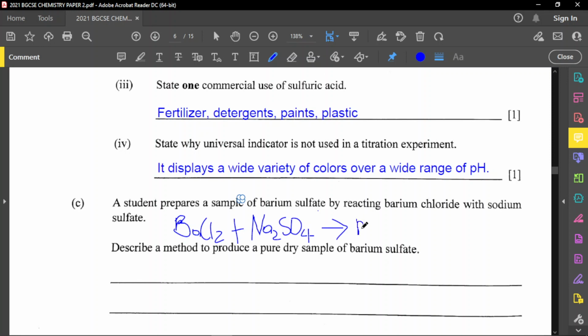So you're going to form barium sulfate. That's how you get the barium sulfate. And then you're going to get as well, because this is a substitution reaction, plus NaCl here, but the reaction is not balanced, as you can see, based on what I have so far.